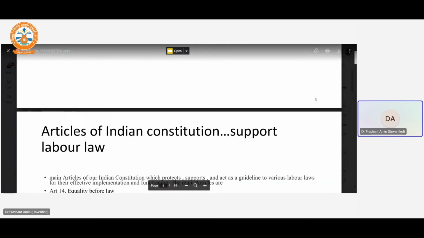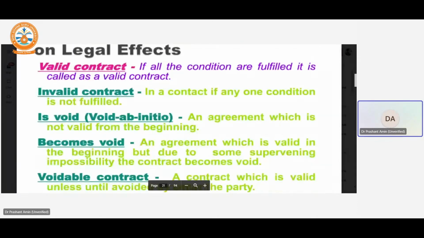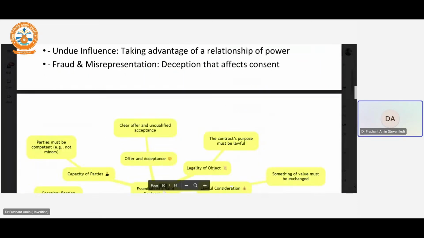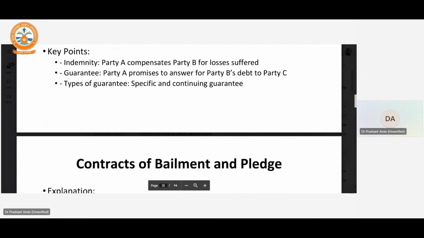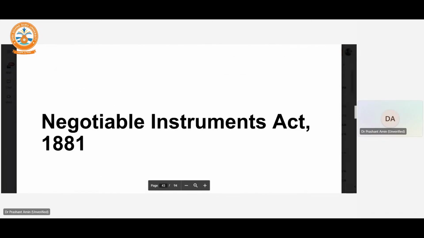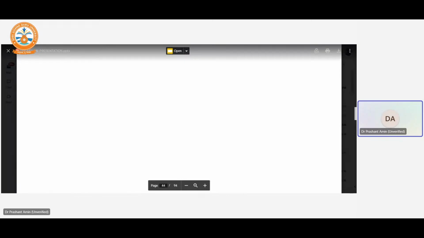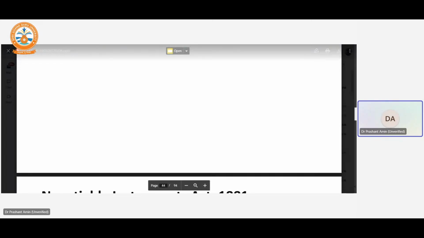So again, what is the Negotiable Instruments Act? It is designed to facilitate the transfer of currency. I think you are not able to see the diagram, but let me tell you orally. What is the object of the Negotiable Instruments Act 1881?